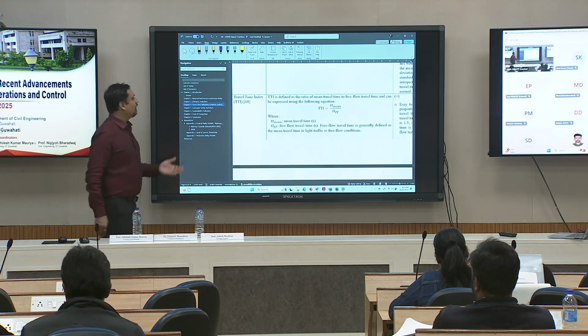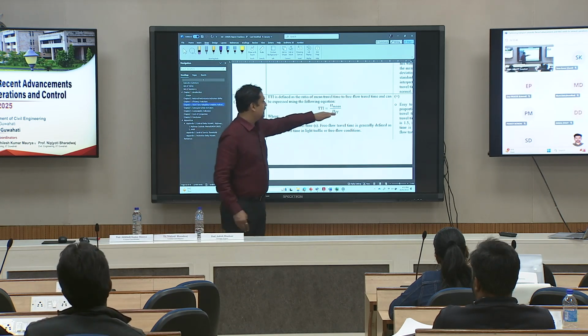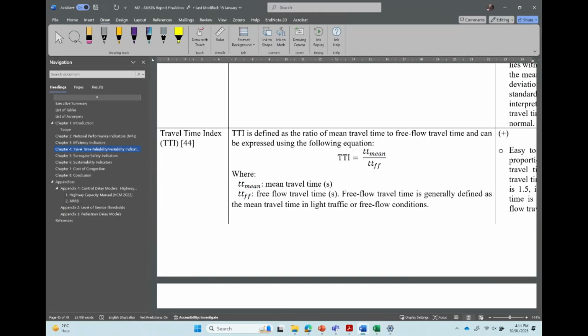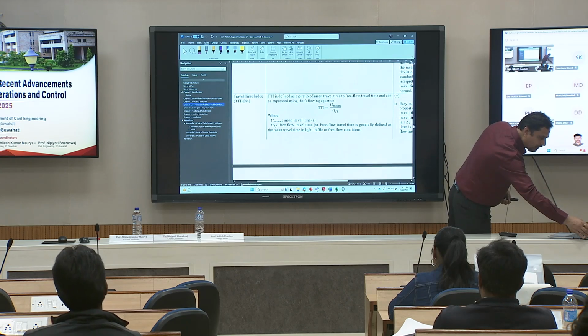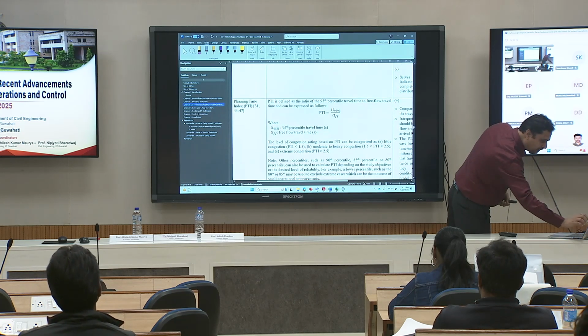Then the travel time index is 2, which is a high one. So I really need to keep that in mind when I'm driving in congested conditions. It's the ratio of the mean to the free flow.